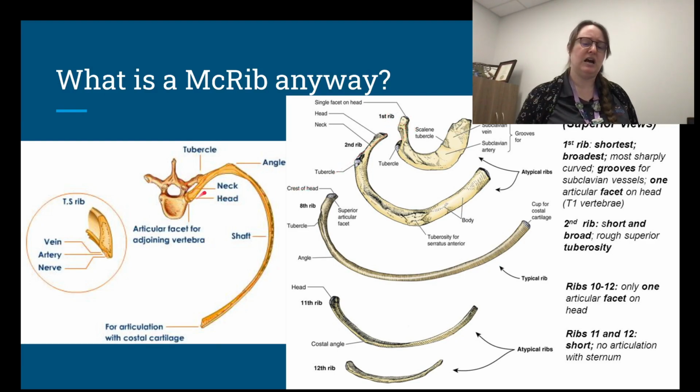Notice here how ribs attach. You'll see it has a head, a neck, and a tubercle. You put it up here, and it has the angle right here. If you put it on the vertebra, you'll notice the tubercle matches up perfectly with this part right here on the vertebra, and the head attaches right here on the vertebra as well.